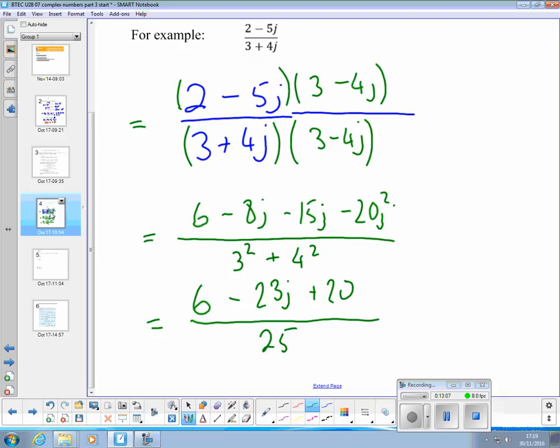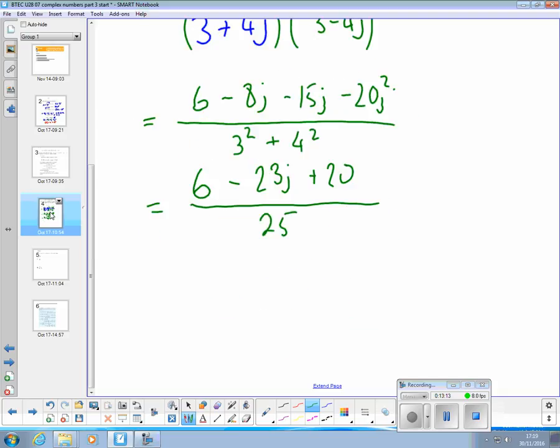Everybody happy with that? Yeah? It's not the end, no. Two constants come together: 6 plus 20 is 26, minus 23j, over 25.